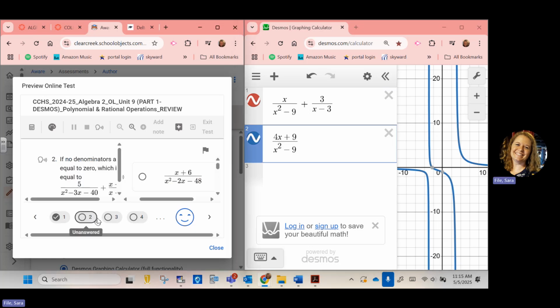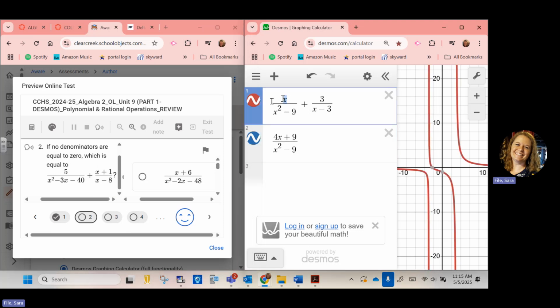Number 2 says, if no denominators are equal to 0, which is equal to this expression. That's just another way of saying we know the denominators can't be 0, because you can't divide by 0. It's also asking us to simplify this.